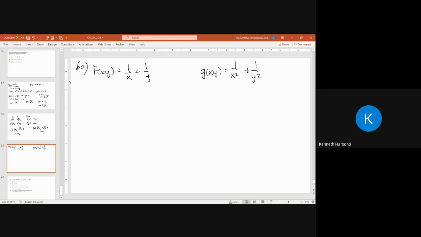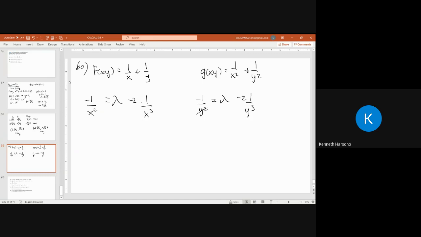So we can just take our first derivative. So this one is minus 1 over x squared, which is equal to lambda times the derivative, minus 2 over square. And 1 over y squared is equal to lambda times y over 3.